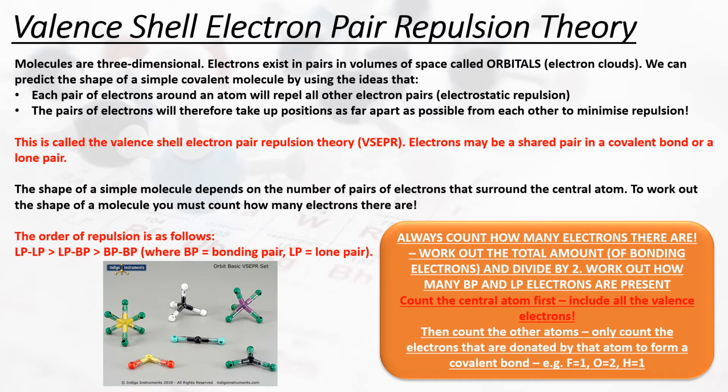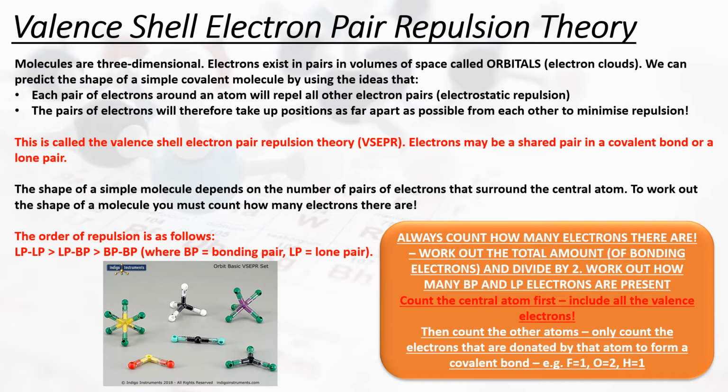So if our central atom is carbon, carbon's in group 4, so it has 4 valence electrons. If our central atom is nitrogen, nitrogen's in group 5, it has 5 valence electrons, and so forth. Then we count any other atoms, and if it's not the central atom, a slightly cheap way to do it is to only count the electrons that are donated by that atom to form a covalent bond.